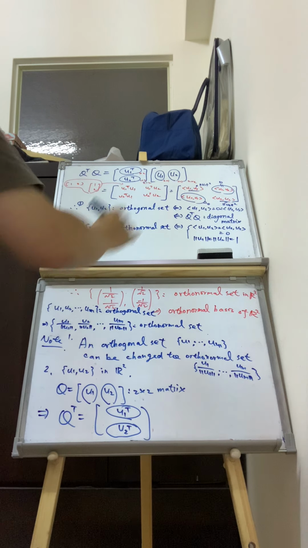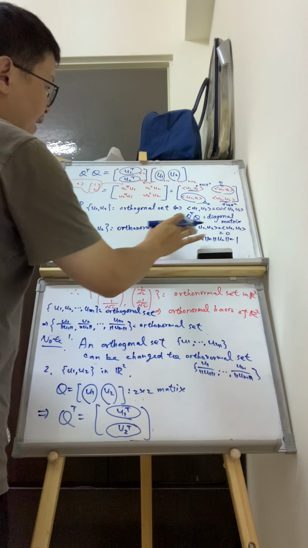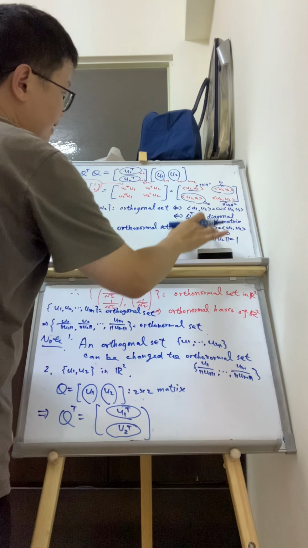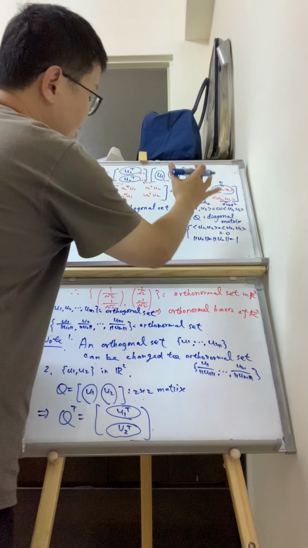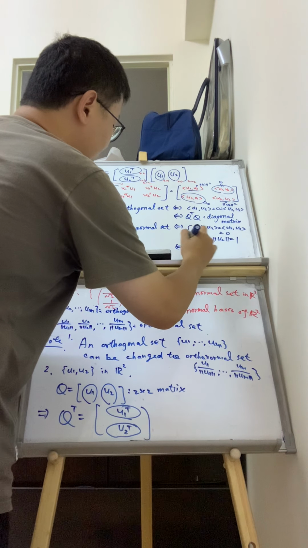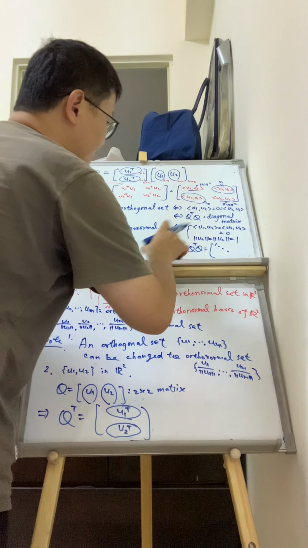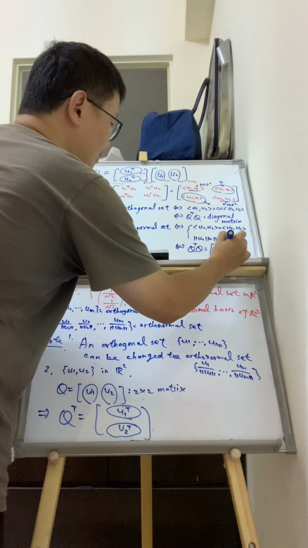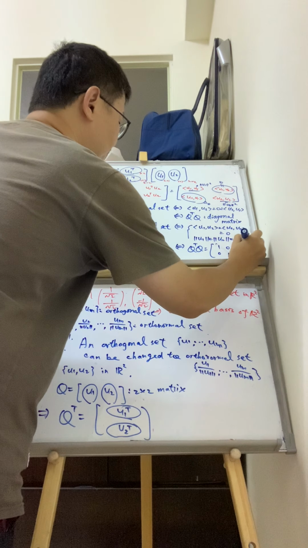So in this case, you can see that if they are an orthonormal set, the off-diagonal entries are 0 and the diagonal entries are 1. The square of 1 is also equal to 1. So Q transpose Q has diagonal entries 1, a 2 by 2 matrix, 1, 1 with 0, 0 elsewhere. So it's the identity I2.